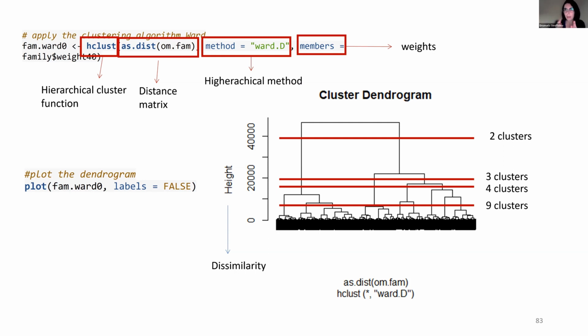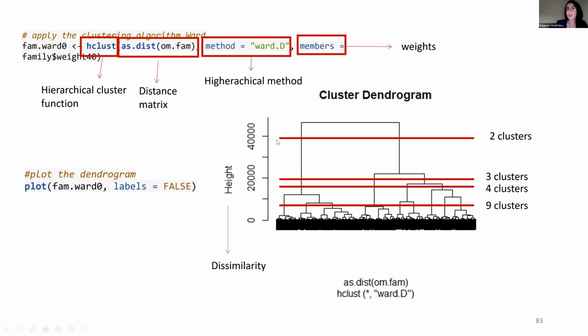These are very packed and very close to one another, so we cannot really distinguish them. But as we go up on the y-axis, we see that there are some links between groups of sequences that generate clusters that progressively go up to a certain threshold where the dissimilarity is very large.